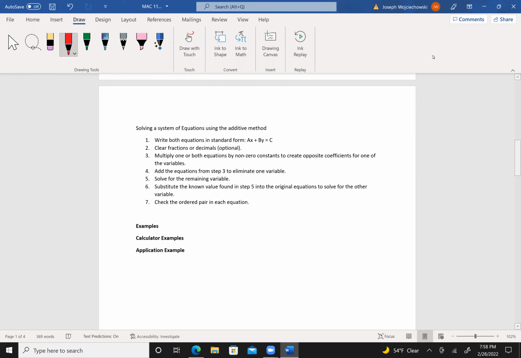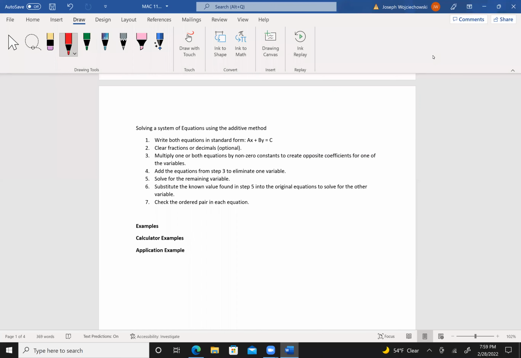Second method. This is what they call the additive method. We used to call it elimination. Write both equations in standard form, ax plus by equals c. Clear fractions or decimals. Now, you don't have to do that, but nobody likes working with them, so you can always do that.